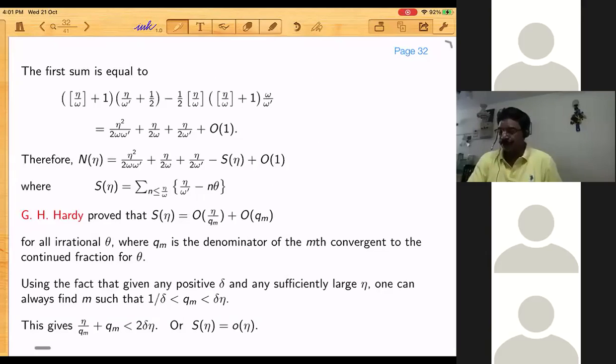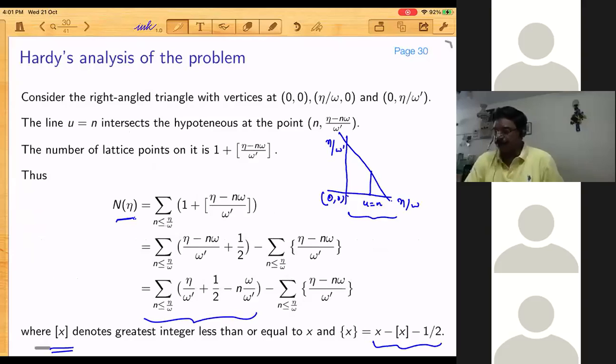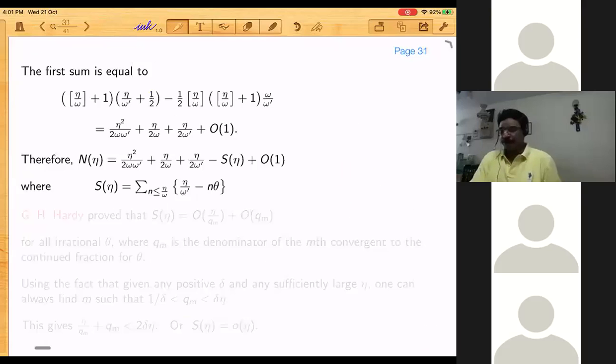So let's go back. The number of terms into this one, right? So that's what we get. So the first sum gives us eta square by 2 omega omega prime plus omega by 2 omega plus eta by 2 omega prime.